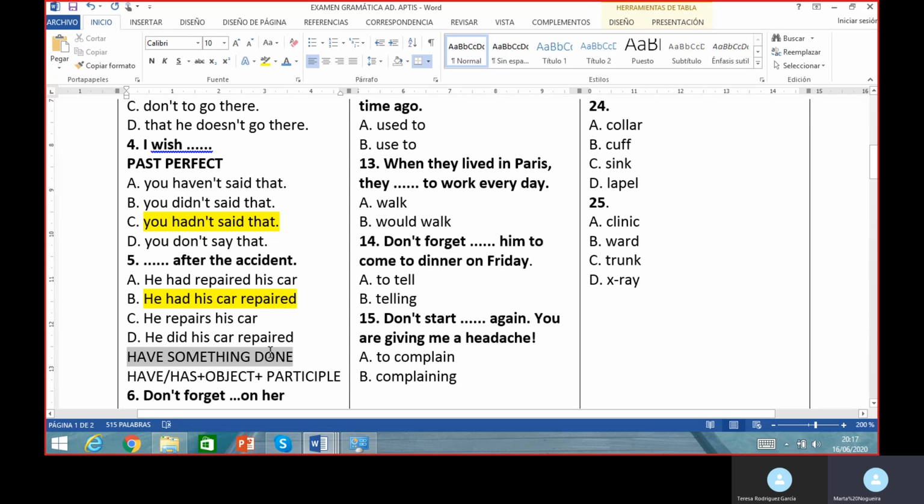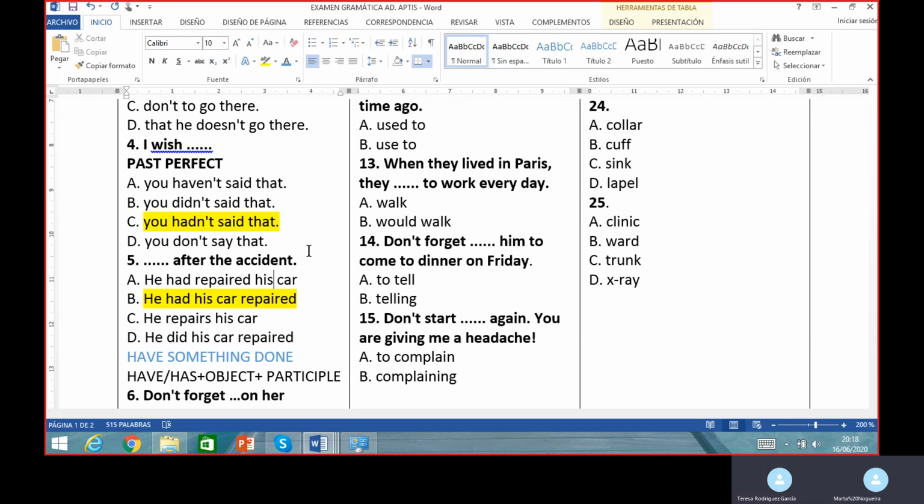The name of this is the causative, or "have something done". We conjugate have or has, or we can put it in the past or in the future. Then we put the object and the participle, okay? We use this structure when someone else does a job for us. We don't do the work, but someone else does.